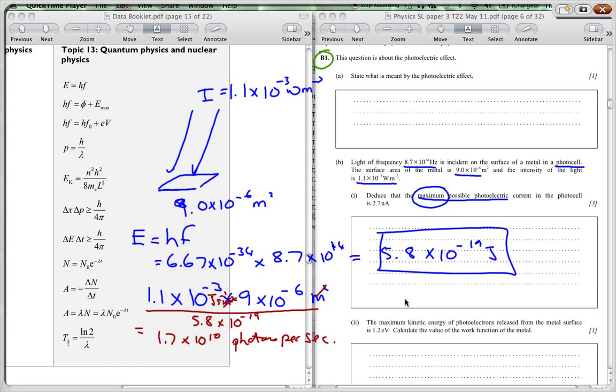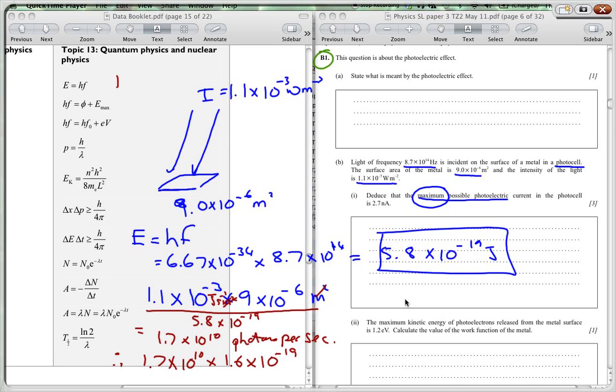So you've got that many photons per second. Now each photon we are going to assume causes the ejection of an electron, so therefore we're going to have 1.7 times 10 to the 10 electrons per second. Each electron has a charge of 1.6 times 10 to the negative 19, so you're going to have a charge per second.